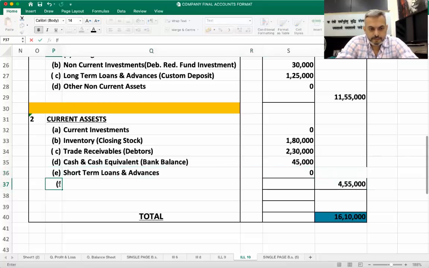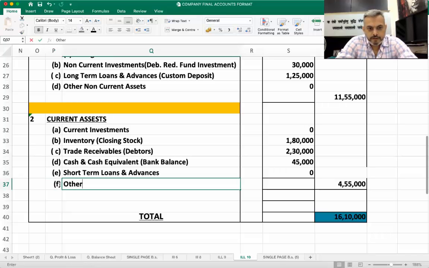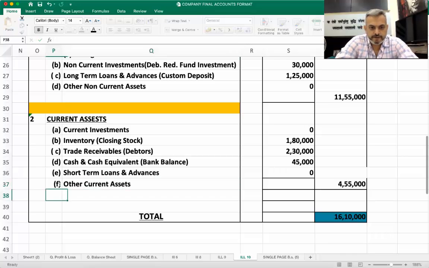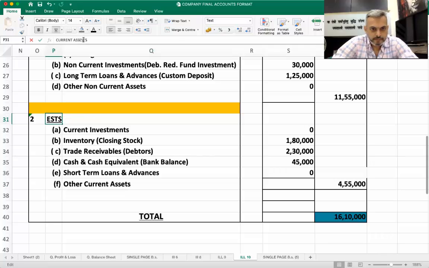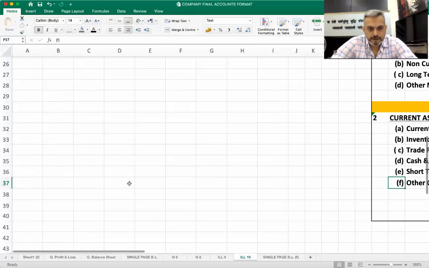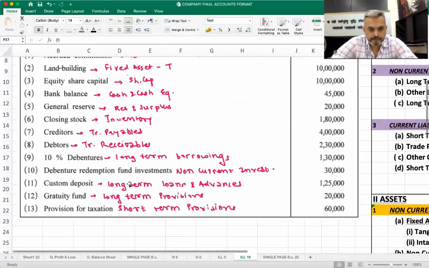F, other current assets. Let's check, do we have other current asset?